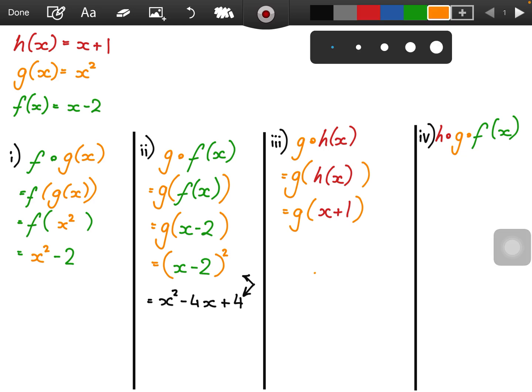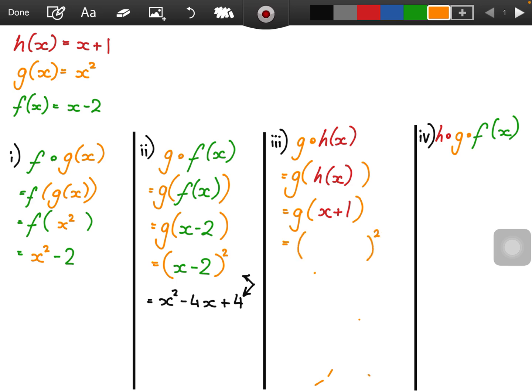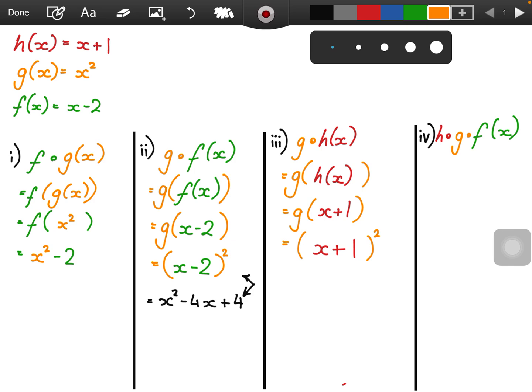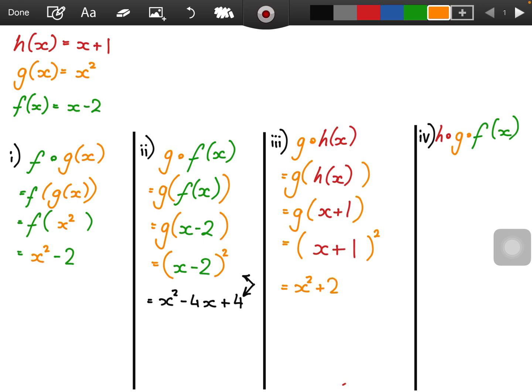The function g means that whatever the input is gets squared. So my input now is x plus 1. So again, you can write it like that, or if you want, as x squared plus 2x plus 1. Either way of writing it here is fine.